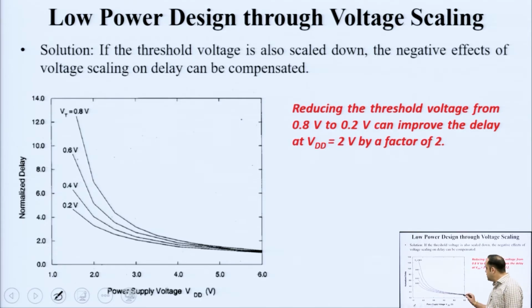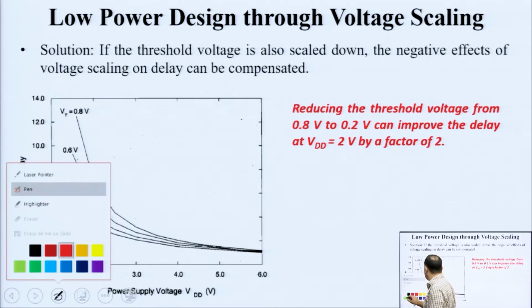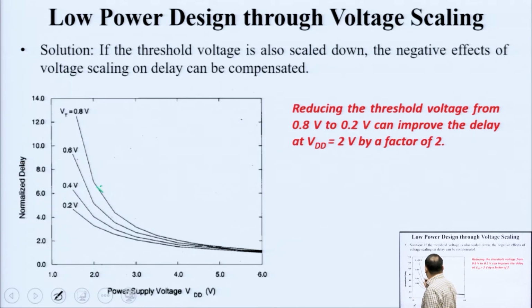So, if you see the x axis from right to left, if I reduce my power supply voltage and if I reduce my threshold voltage, at any given value of supply voltage, the normalized value of delay also goes down.